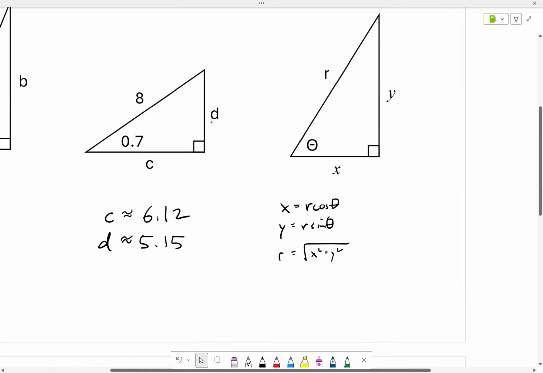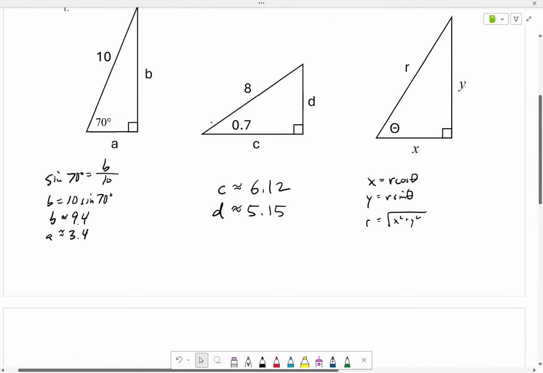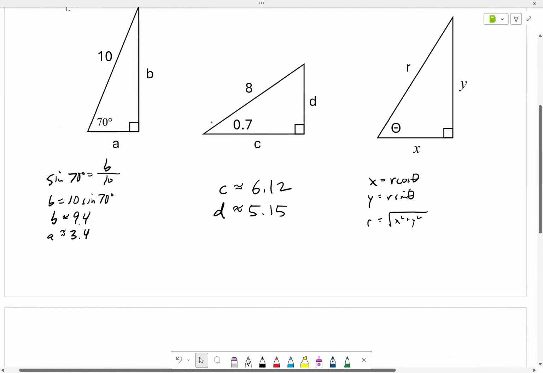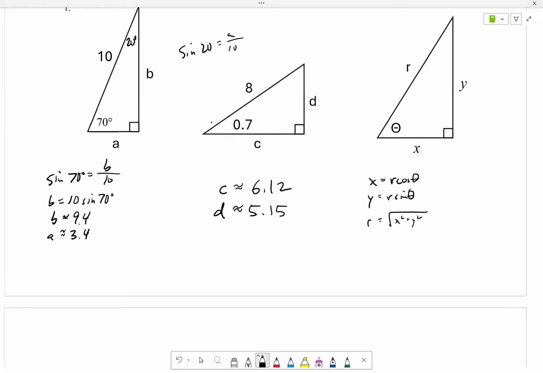Any questions? Oh, yes, Simon? I did the 20 degrees, solved A with that, but why can't we just do cosine of 70? It gives me a different number for A. If you do sine of 20 equals A over 10, and 10 times sine of 20, you should get 3.4.